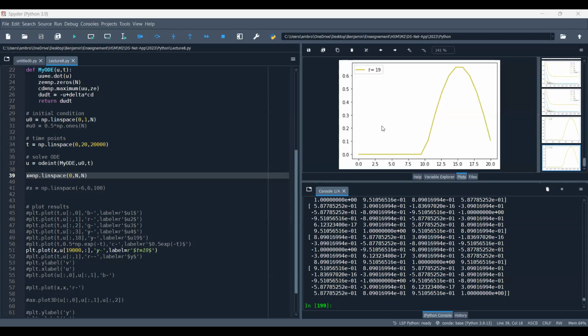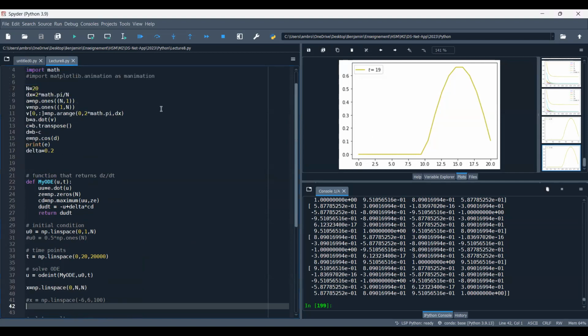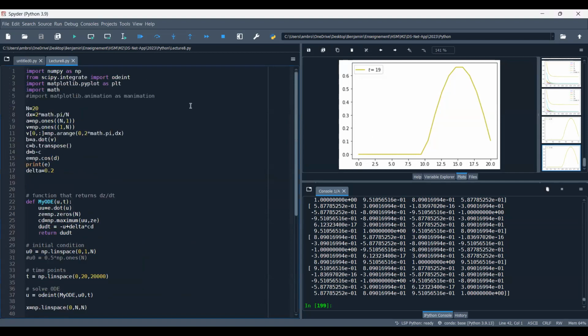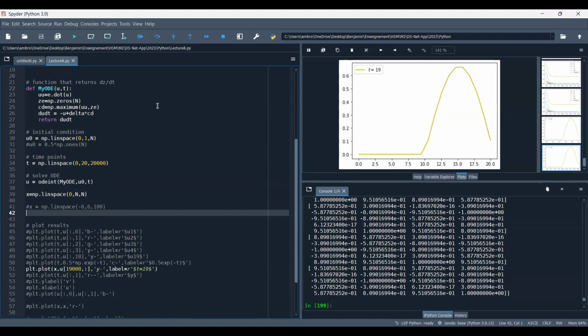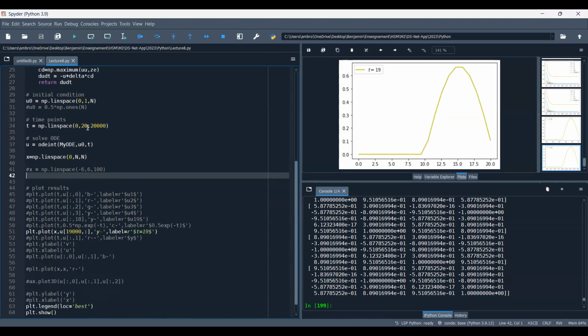So now I can also look, which is natural, at the profile at the end of my time for all spaces in my network. And so here, you can see I solved my ODE until t equals 20.